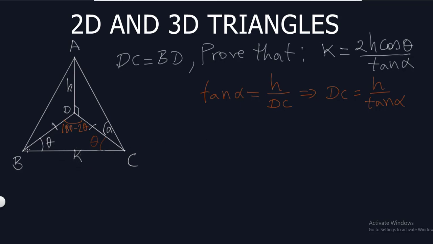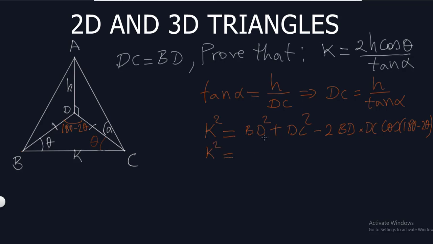The cosine rule says BC squared, which is K squared, will be equal to this side BD squared, plus this side DC squared, minus 2 times BD times DC, and then we put cos of the angle which is opposite to K, 180 minus 2 theta.